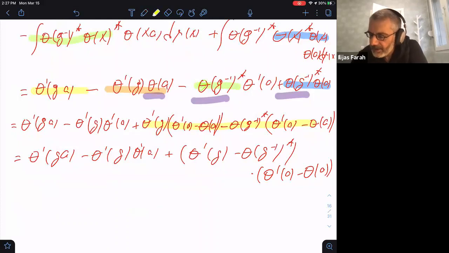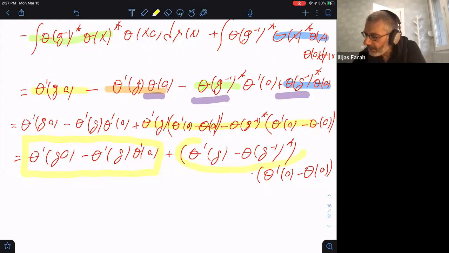Well, this is what we want to understand, this is what we want to estimate. We know that the entire thing has norm at most epsilon squared, but now look at this part here.